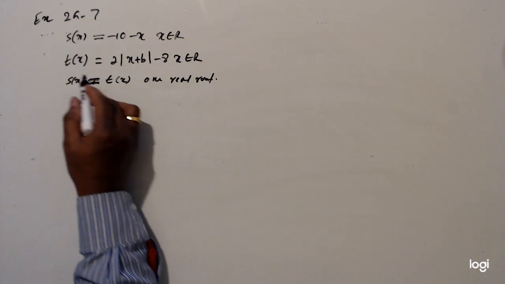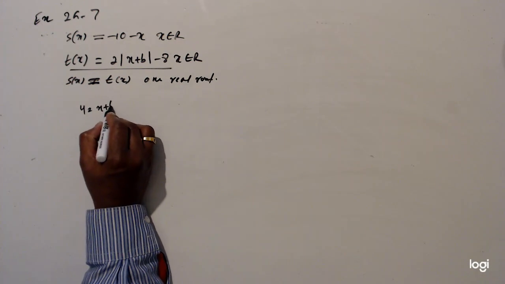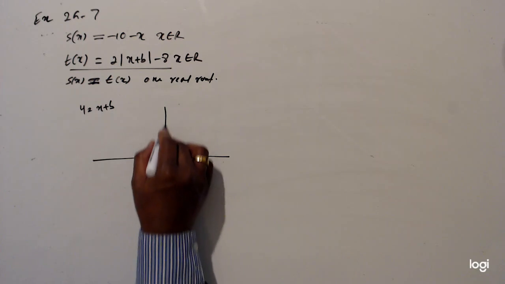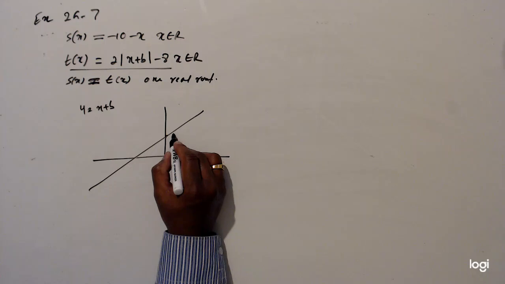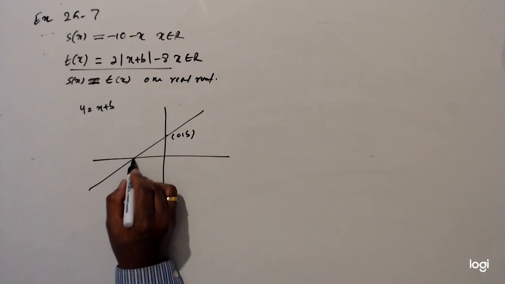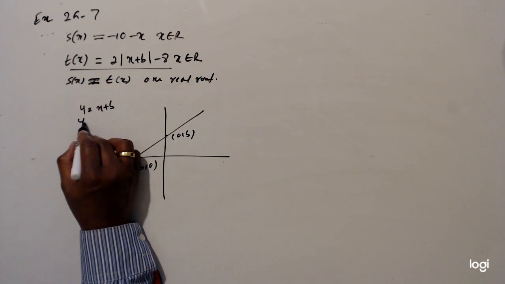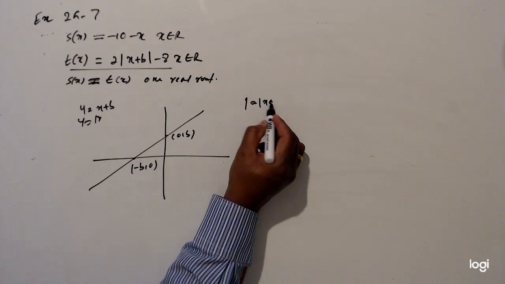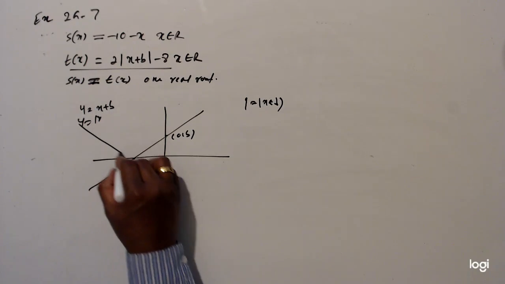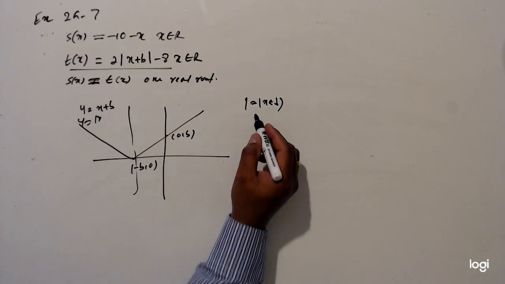So first of all, we draw this graph, y equal mod x plus b. This is (0, b) and this is (minus b, 0). Then y equal mod x plus b, so it is a reflection, this kind of graph.